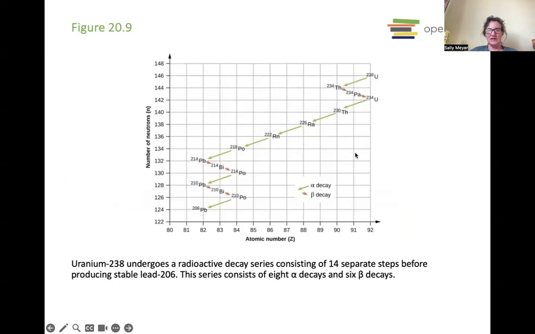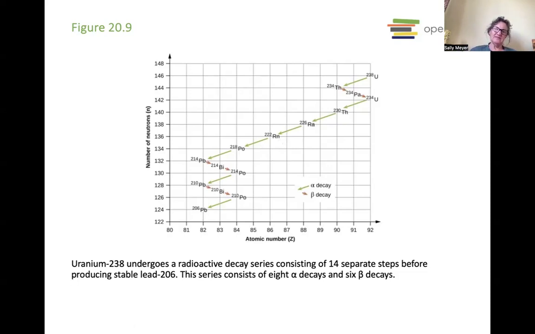So this is a radioactive decay series. It starts at uranium-238, becomes thorium-234, but that's not stable. And it continues to undergo radioactive decay until it reaches lead-206, which is a more stable isotope. In the process, it goes through radon-222, which is an inert gas, and it can filter up into your house.